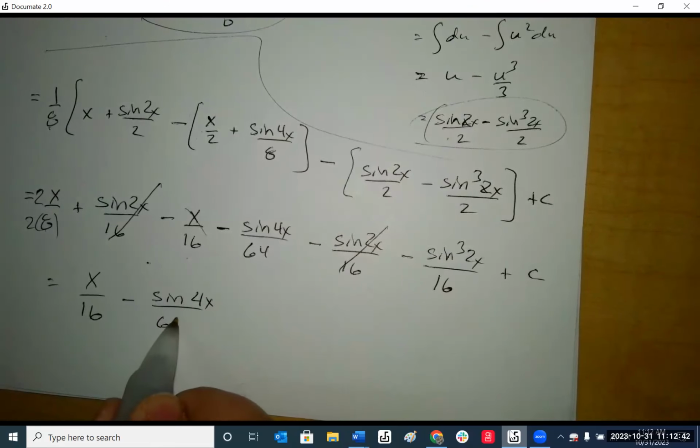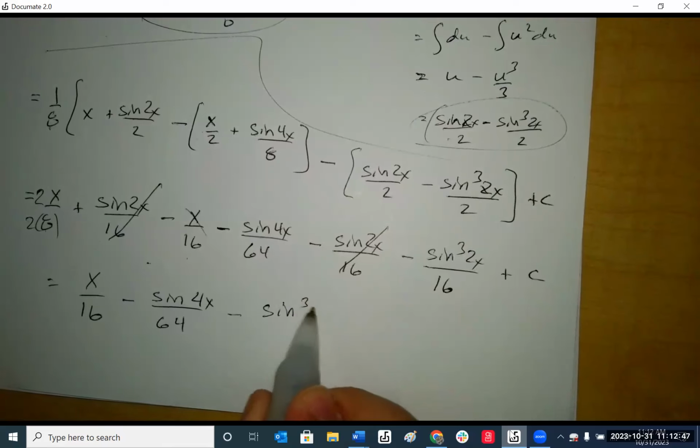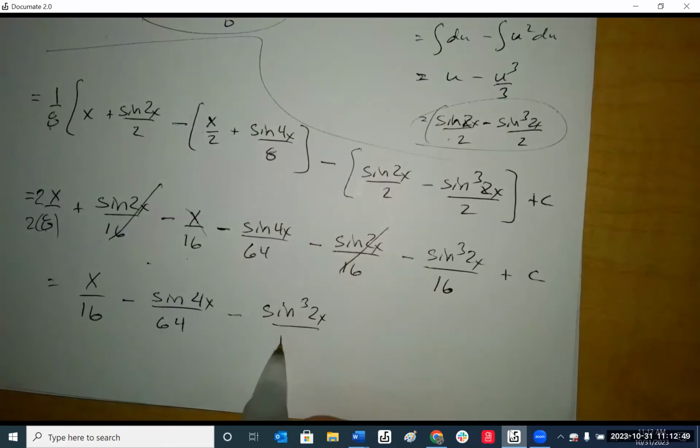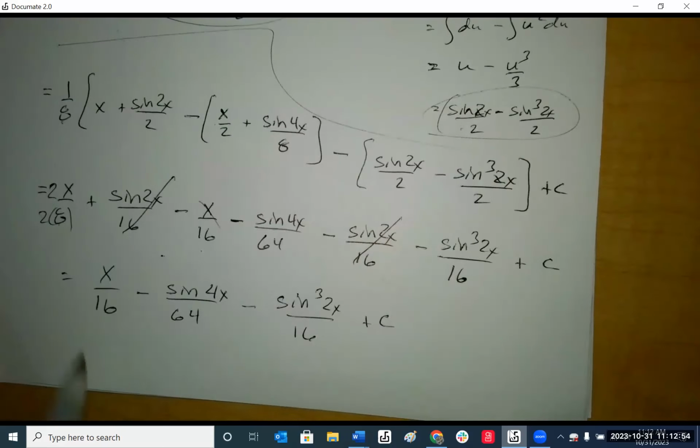Then minus sine 4x over 64 minus sine cubed 2x over 16 plus c. There's the answer.